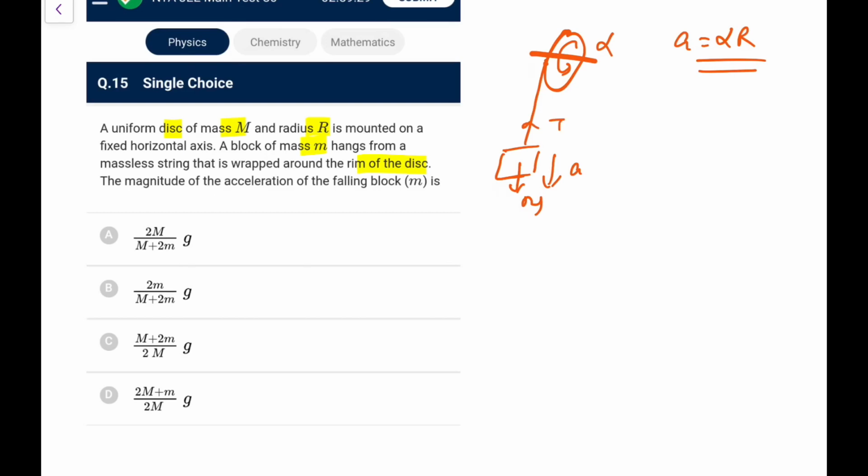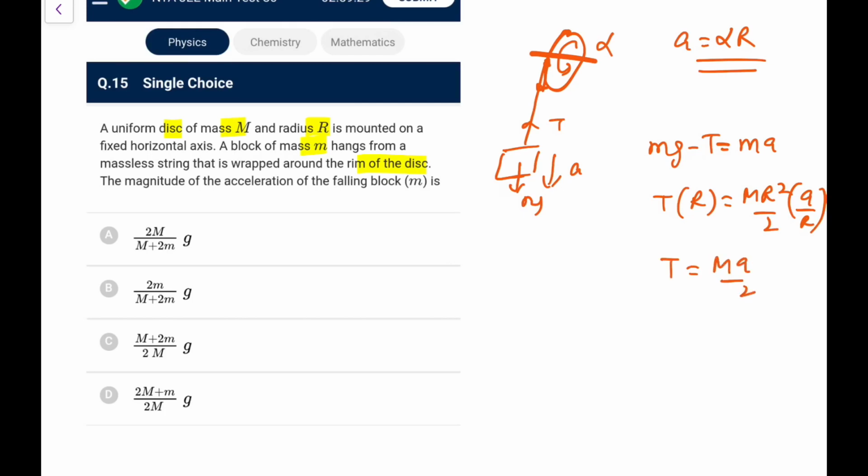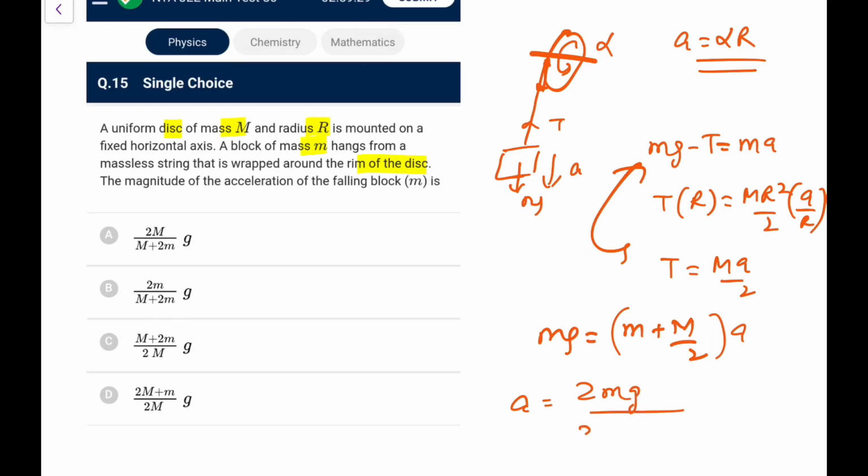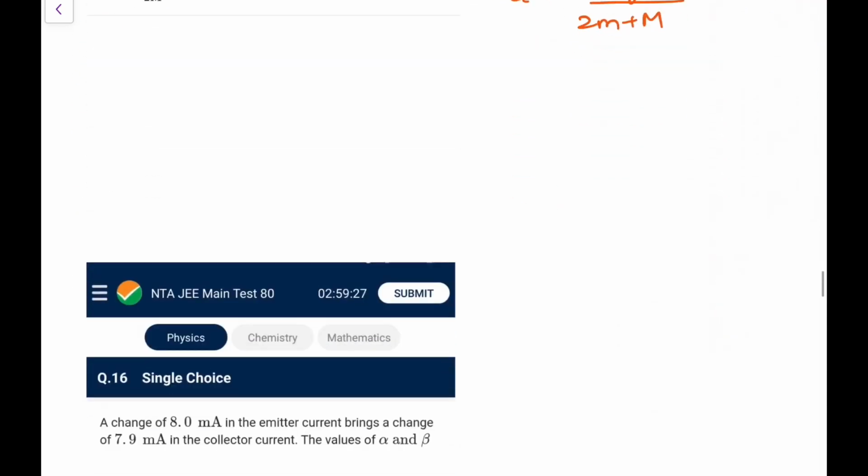Now for the block, this is mg, this is T. I will write mg minus T is equal to ma. For the disc, T into r would be equal to I alpha, I being mr squared by 2. Alpha I can write as a by r. So we have T equal to ma by 2. Adding these two, we have mg is equal to m plus m by 2 into a. So acceleration comes out as 2mg upon 2m plus m. That is what we are getting. So going by these options, I go for option B here.